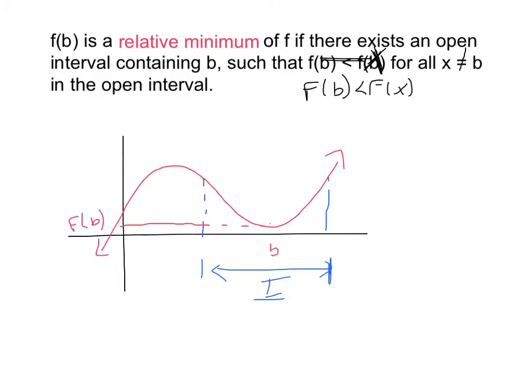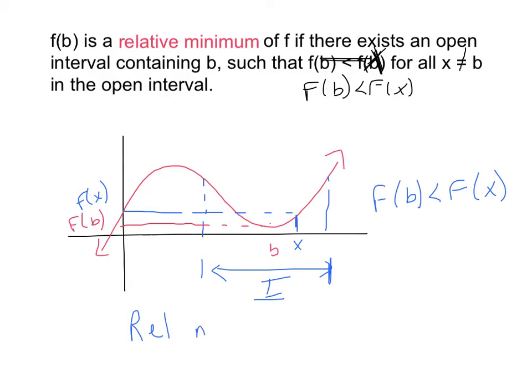So if I picked any other value of x here, then notice that when I come over to the function, the f of x is higher. So I do indeed have that f of b is less than f of x, indicating that I have a relative minimum at that value of b.